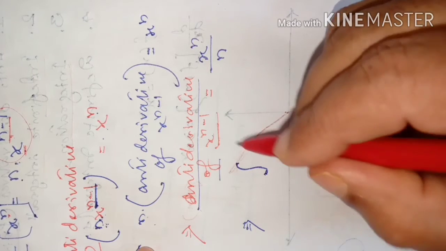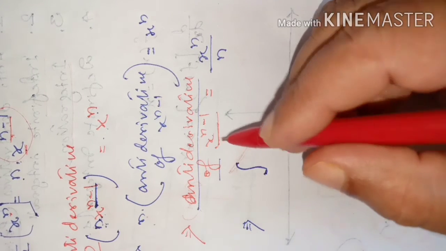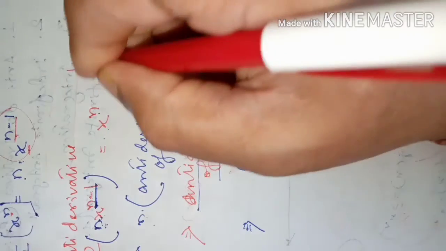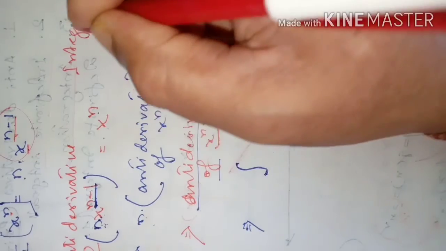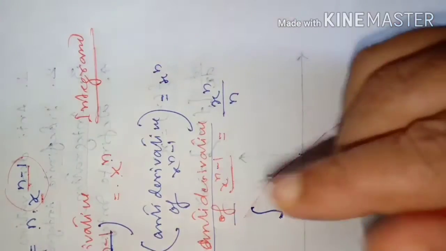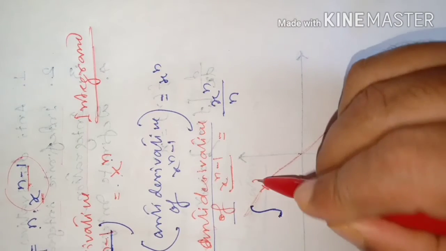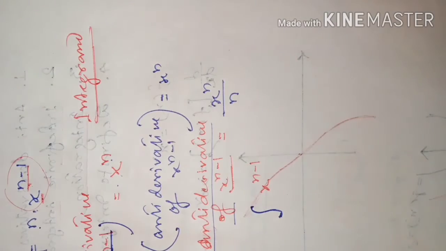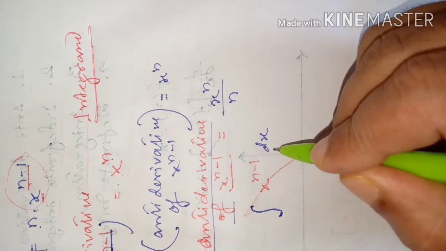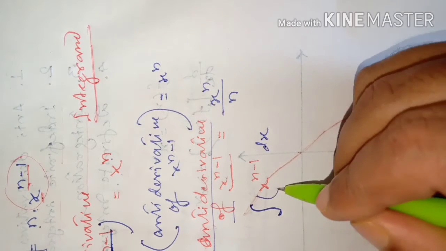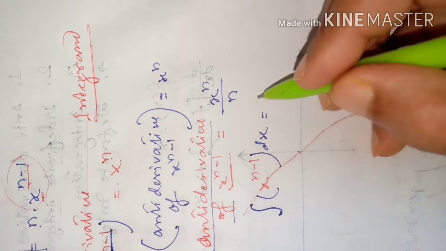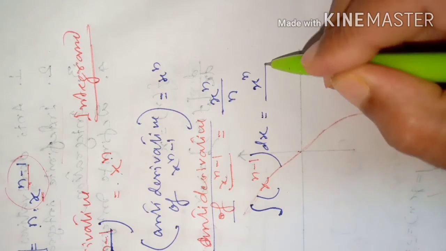This is called the integrand, meaning the function whose integral you are finding. So the integrand is x to the power of n minus 1. With respect to what are you doing this integration? With respect to x, so you have to write dx. This is the function whose integral we are trying to find, and that is equal to x to the power of n by n.